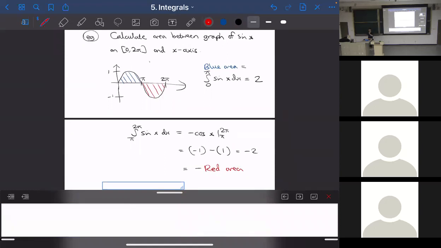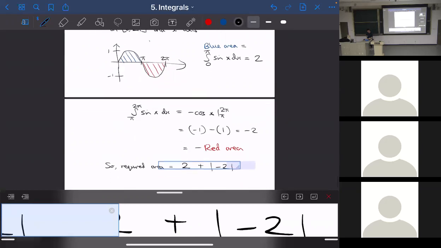So the integrals between the points where the function is 0 give us areas between the graph and the x-axis, but maybe with a sign. So the required area is 2 plus the absolute value of minus 2.